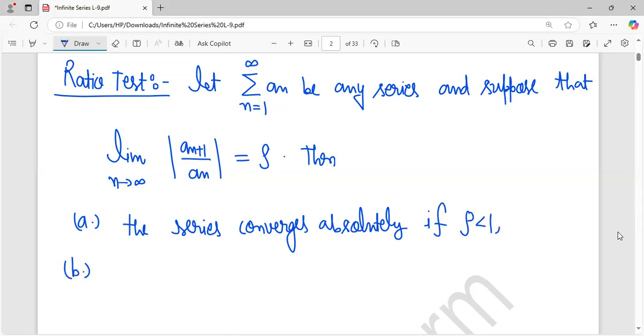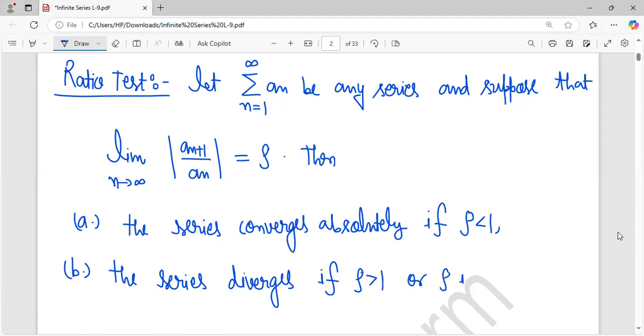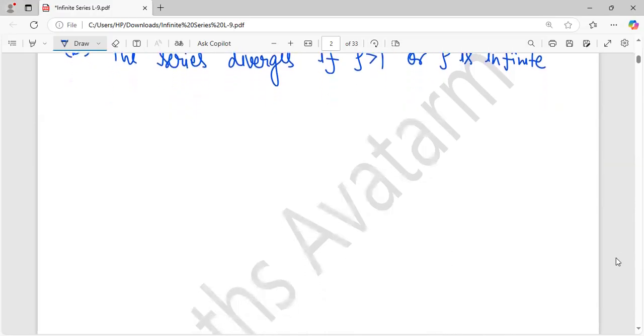Second part b: the series diverges if rho value is greater than 1 or rho is infinite. Either rho is greater than 1 or rho is infinite; in that case, the series diverges.